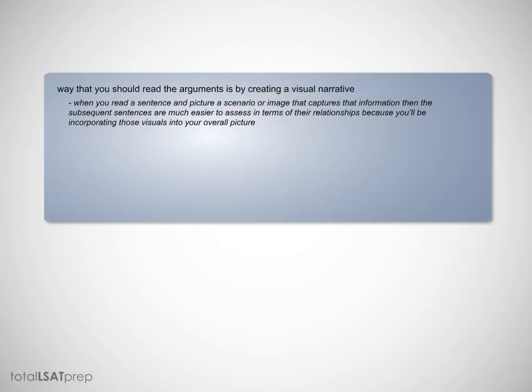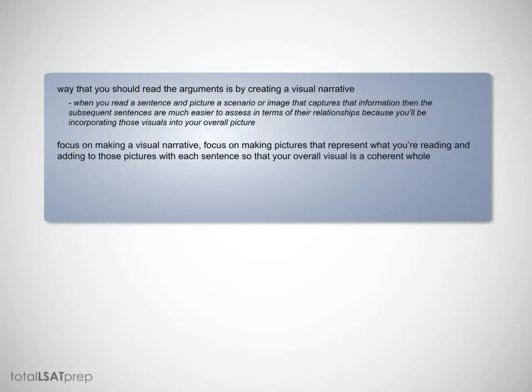If you look at any memory system, you'll see that they all train you to make visual associations with whatever you're trying to remember. If you just voice the words in your head, at best you'll be left with a stream of sounds and an image of the argument text. So focus on making a visual narrative, focus on making pictures that represent what you're reading, and adding to those pictures with each sentence so that your overall visual is a coherent whole.